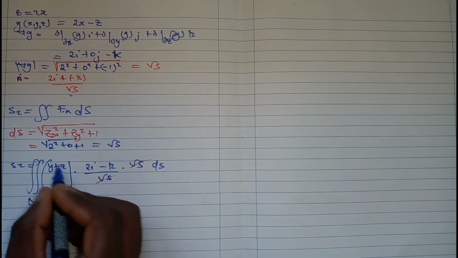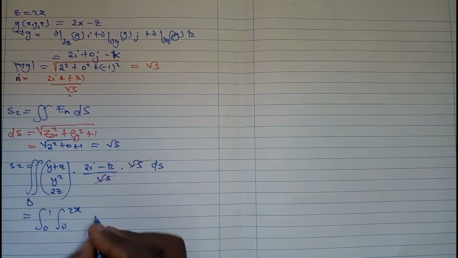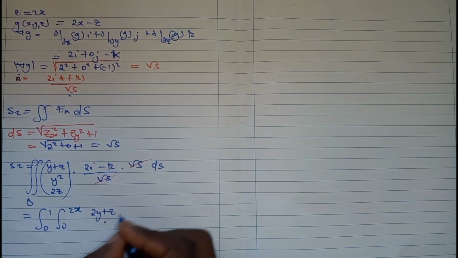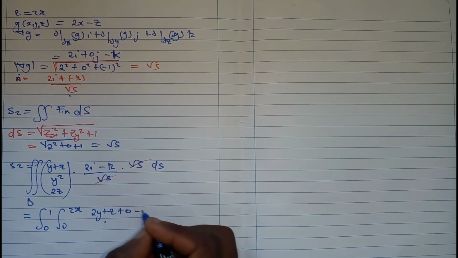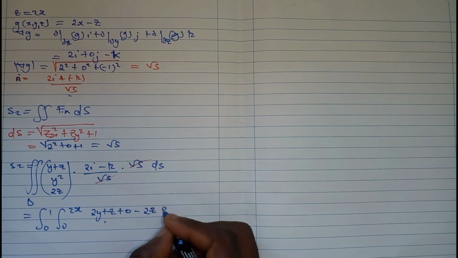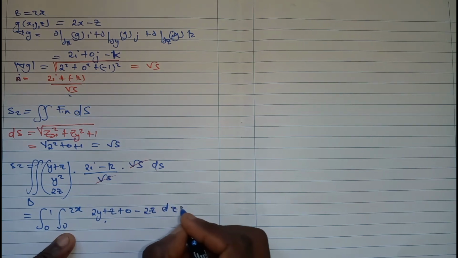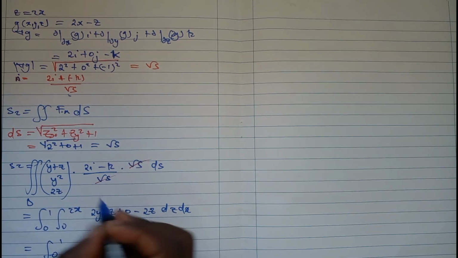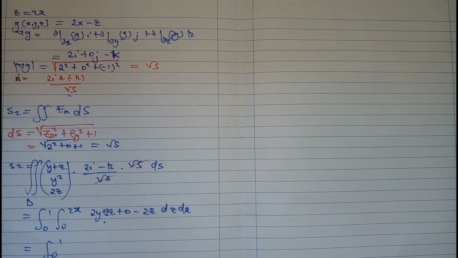Our normal, if we multiply the i component times the i component, we're going to get 2y plus z plus 0 minus 2z, and we're going to have dz dx. So as you can see, if we multiply this, we're going to get 2y and 2z.